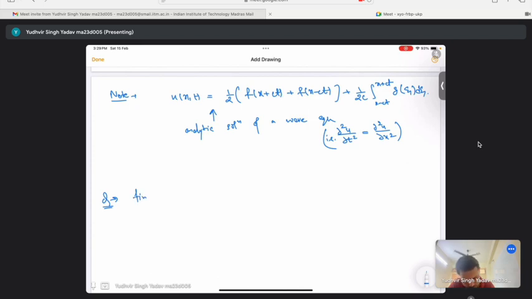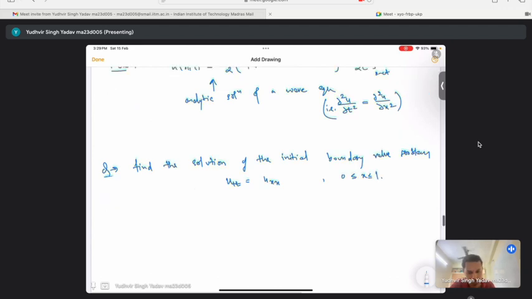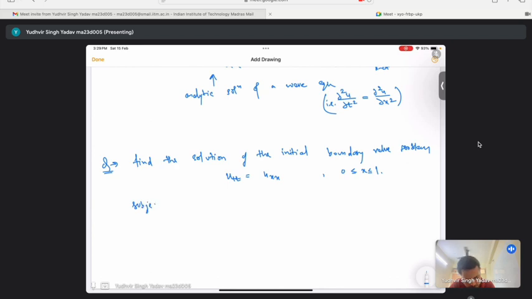So let us take this question: find the solution of the initial boundary value problem, that is UTT equals UXX, and the domain is given from 0 to 1, and this wave equation is subject to the following initial conditions: u(x,0) equals sin pi x and ut(x,0) equals 0.